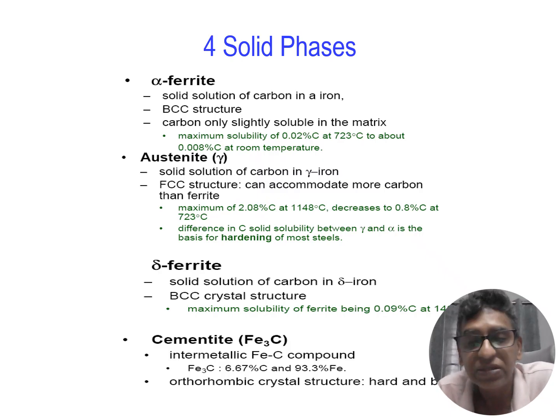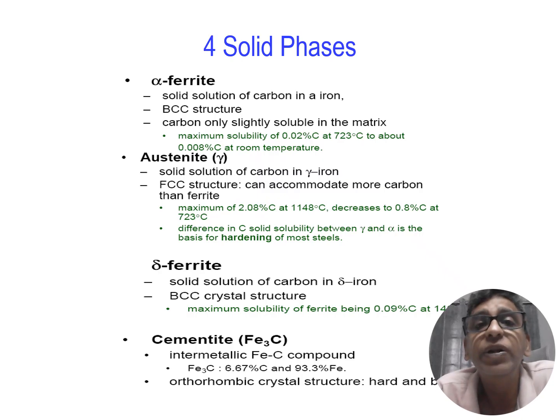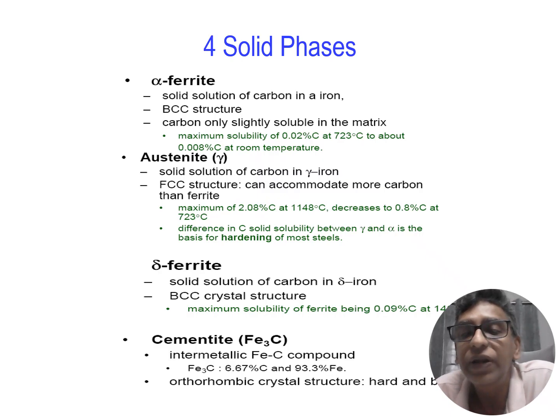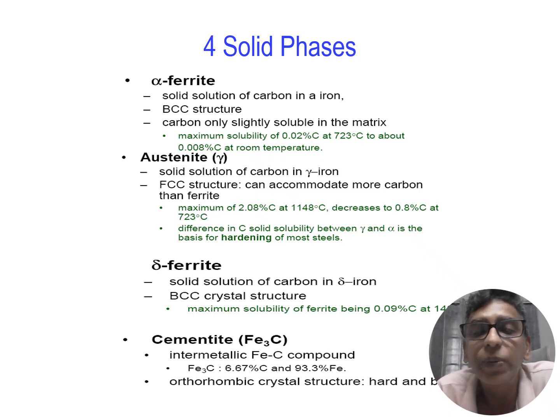Whereas austenite is a solid solution of carbon in gamma iron, with an FCC structure that can accommodate more carbon than ferrite. Maximum of 2.08% carbon at 1148 degrees centigrade, decreasing to 0.8% carbon at 723 degrees centigrade.